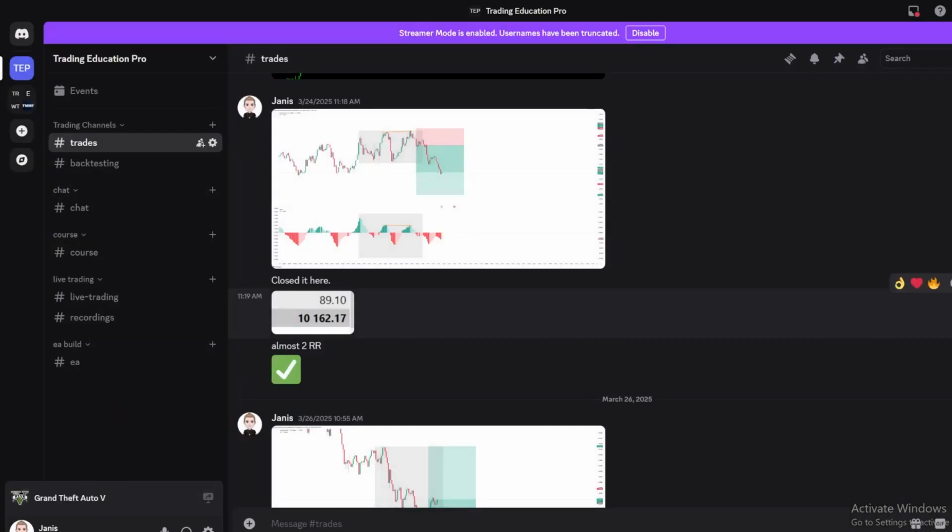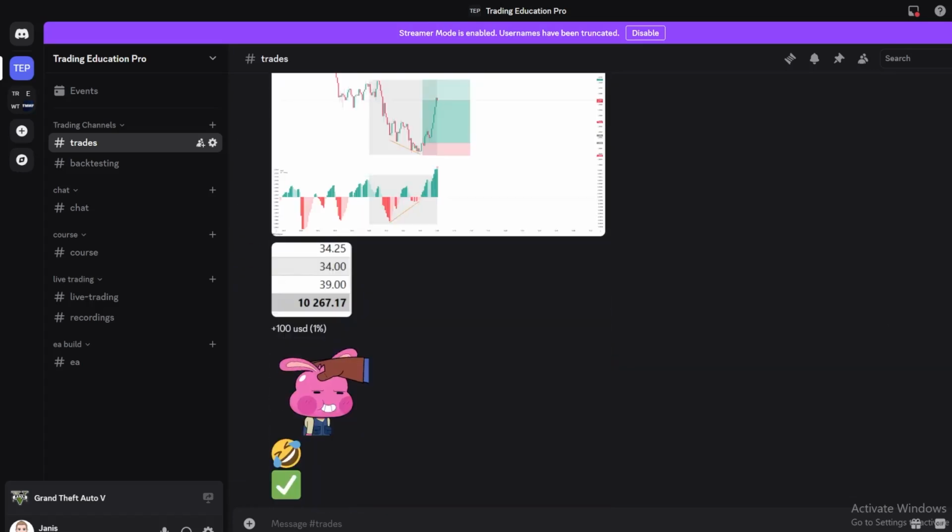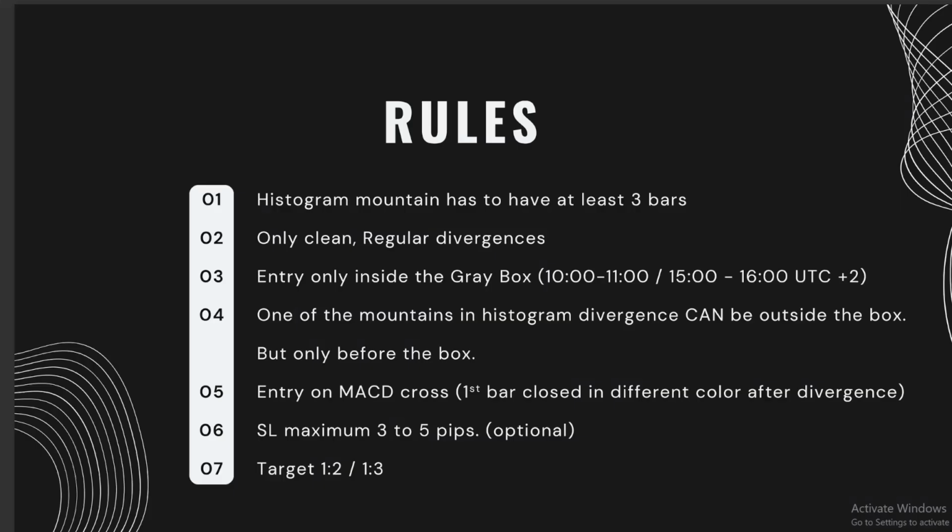Or if I get, let's say 1%, I will just close it. It's like in a casino, you have to know when to stop. If you have a good amount of money already, just don't be greedy and just close it. And that's actually one of the rules that we were also going to talk about.